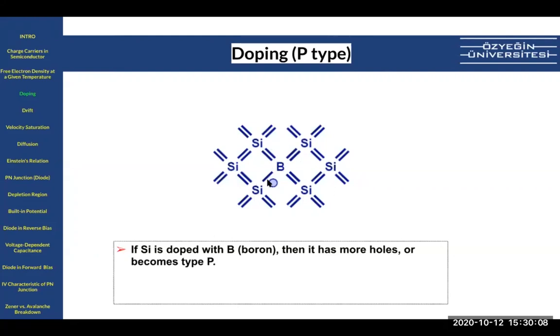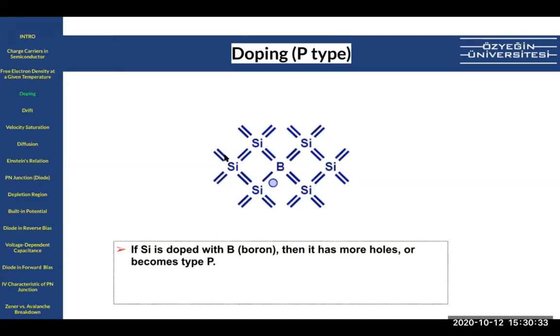But this bond cannot form because boron doesn't have an electron to give silicon. But the silicon has 1 electron available here, right? But that electron is not moving, because the electron is not excited.